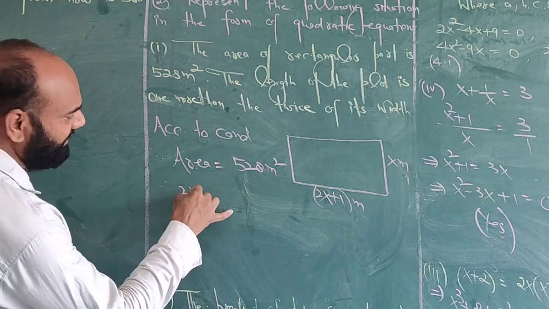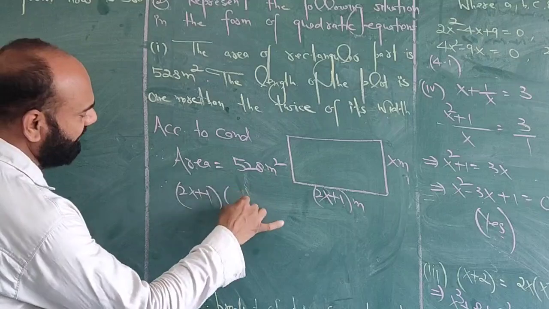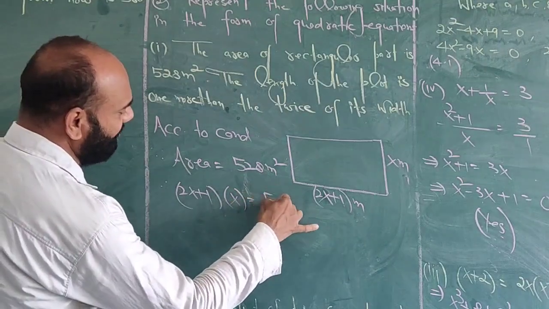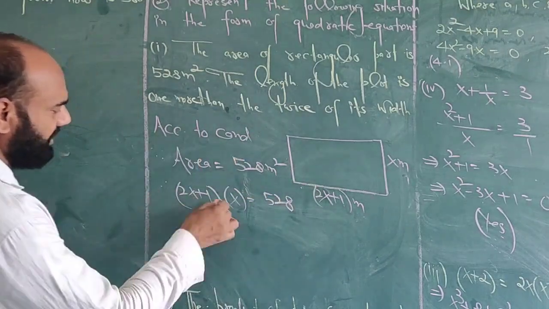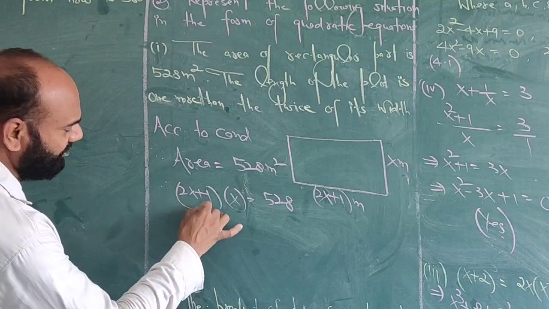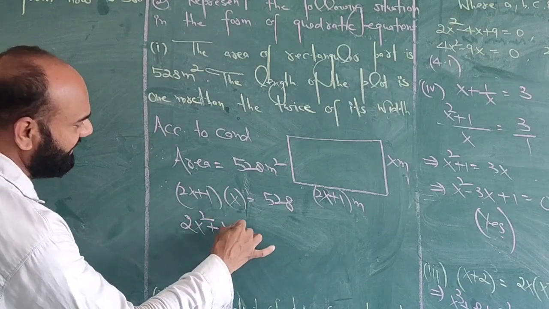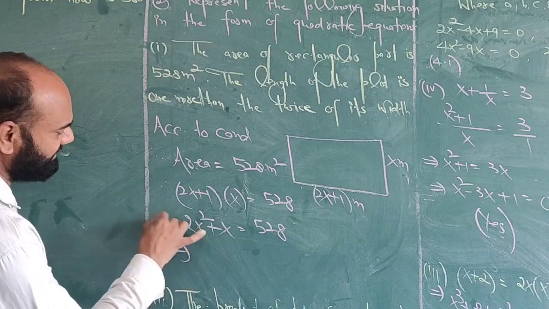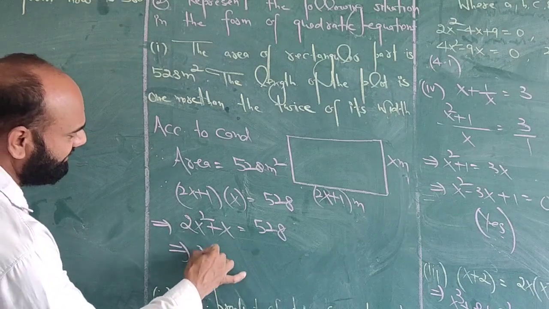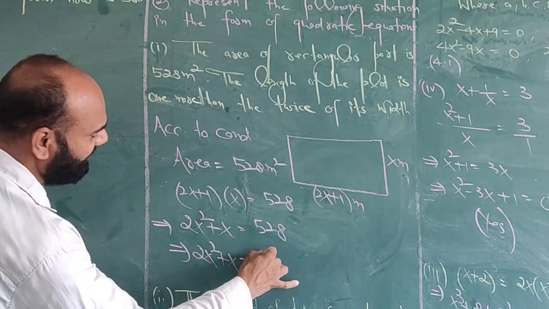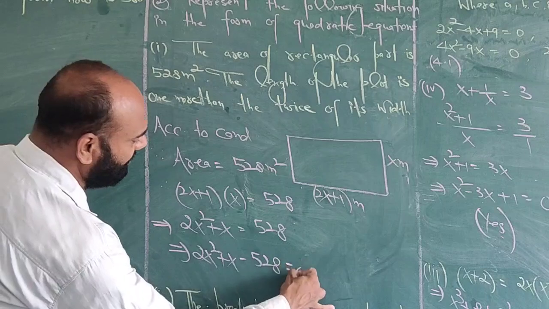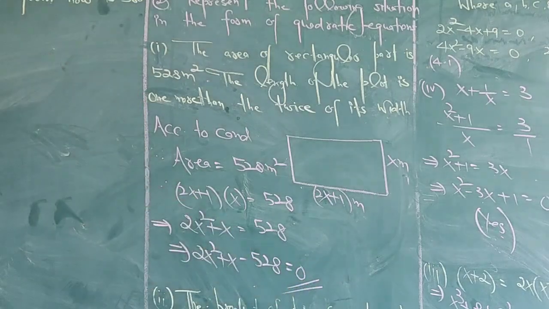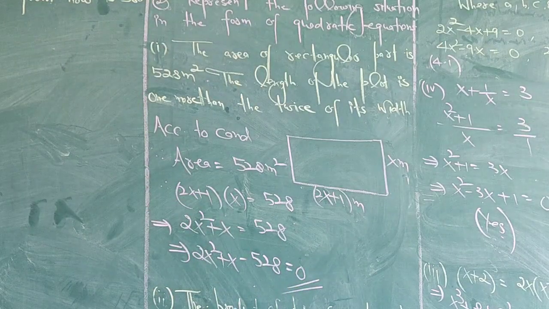Therefore, (2x plus 1) length multiplied by breadth x is equal to 528. Now we multiply: 2x square plus x is equal to 528. This implies 2x square plus x minus 528 is equal to 0. This is the required quadratic equation.